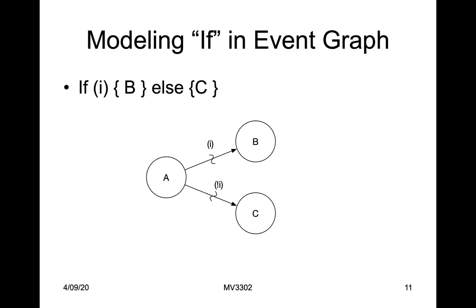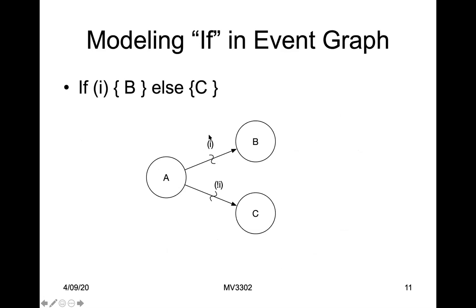Okay, so these Boolean conditions on the scheduling edges allow us to model an if, like if B else C. So here, as an event, when A occurs, we want to either schedule B or schedule C, but not both, but always one or the other. So that's basically an if-else.